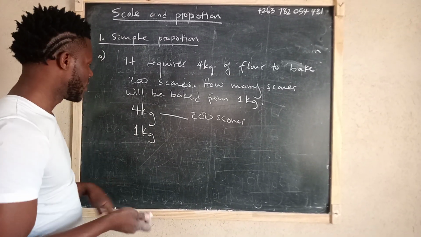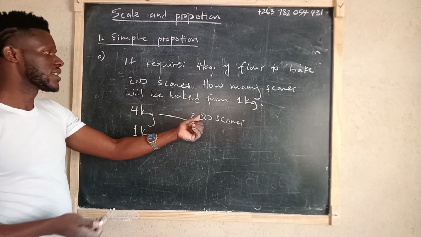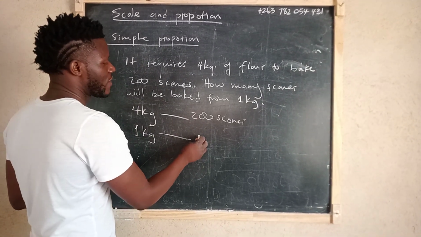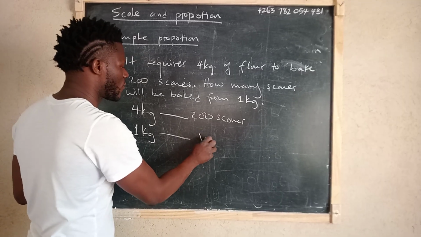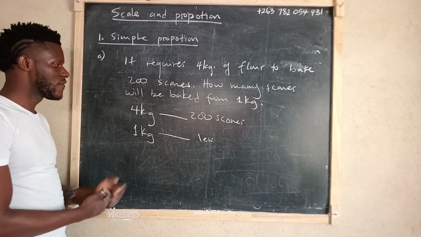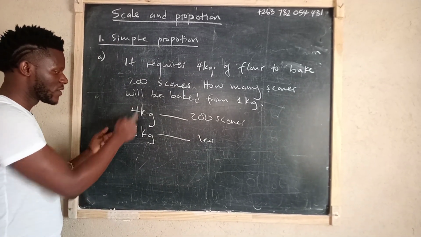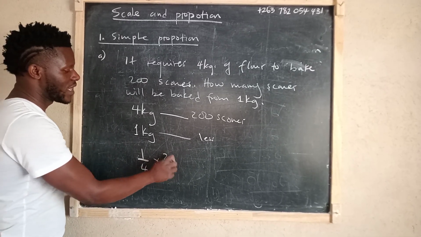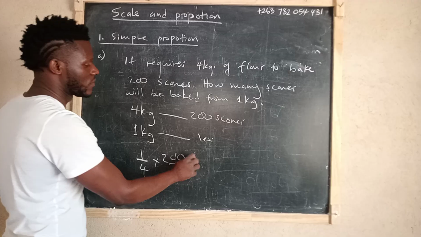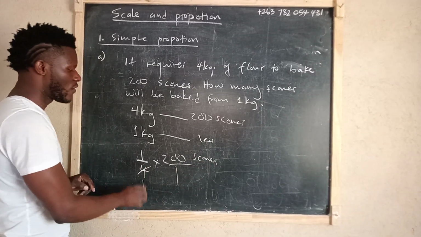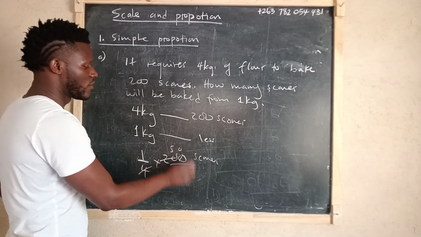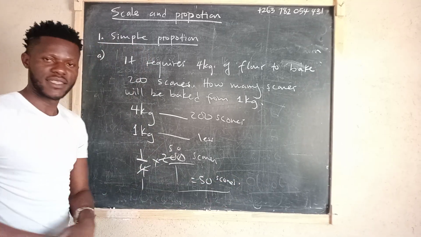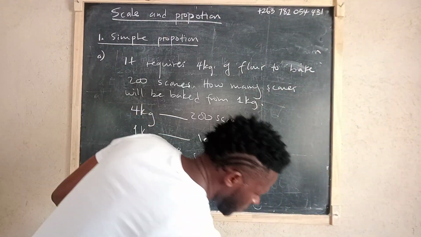Under the normal setup, if 4 kgs can give us 200 scones, then from 1 kg we can have fewer scones. If you need a smaller answer, the smaller number goes on the numerator, 1 over 4 times 200 scones. Then 4 into 4, 1, 4 into 20, 5, we get 50 scones. And that's the answer. Alright.